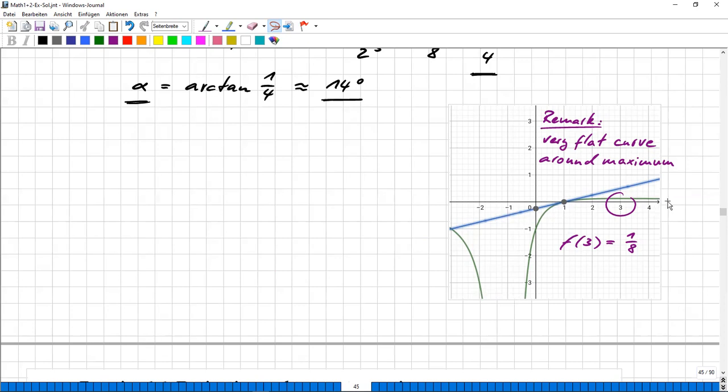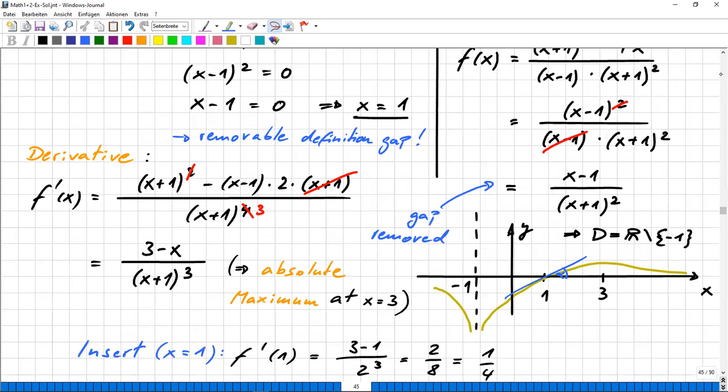And with an extended view, you would see this point of inflection. I think, yeah, that's it, inflection point. I think that's the term at x equals 5, where this decrease changes in such a way that it approaches 0 in the end. Well, those are some details around this function, very interesting.